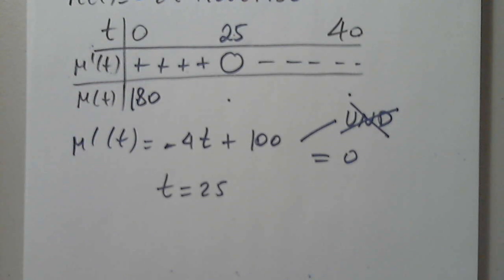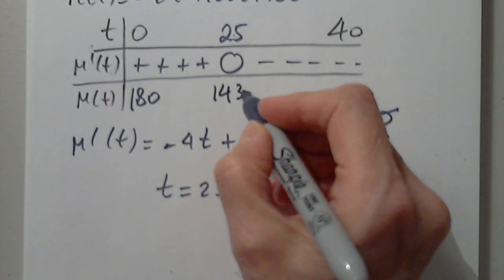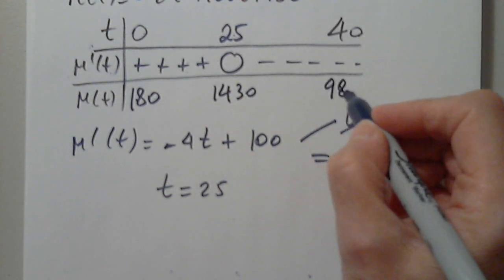I'll punch in Y equals, I clear everything, and I have negative 2T squared, and then plus 100T, and then plus 180, and I go second table, and I want 25, and I want 40. That's all. So for 25, I find 1430. And for 40, I have 980.